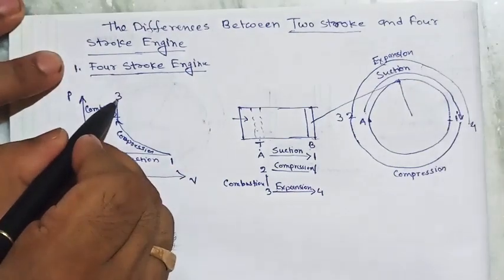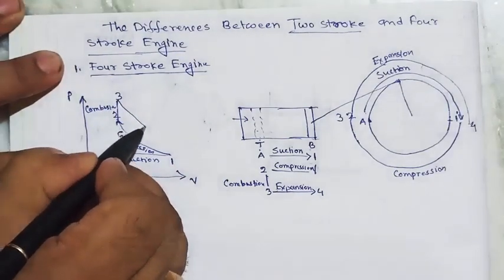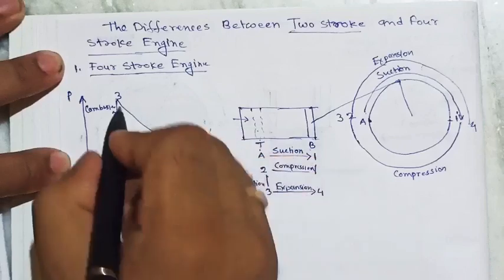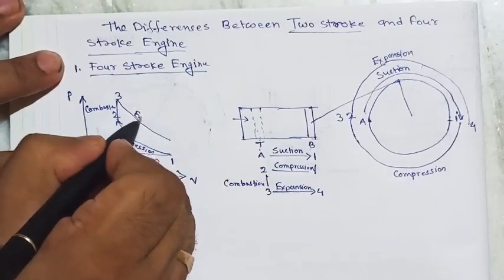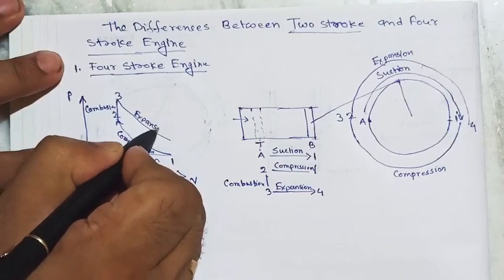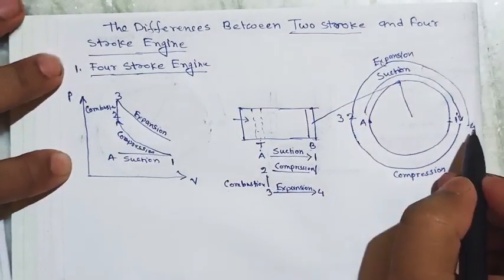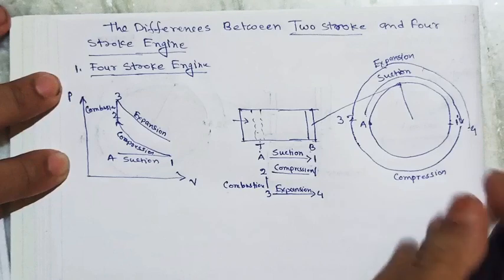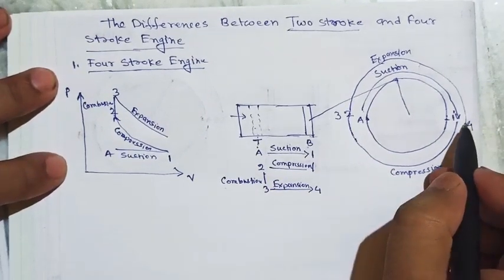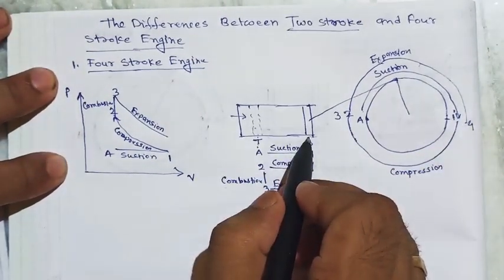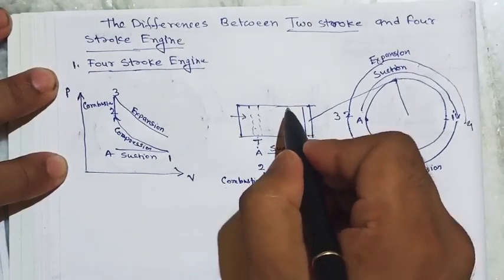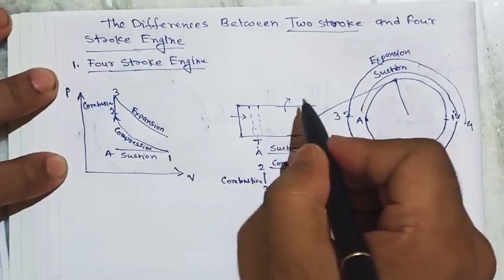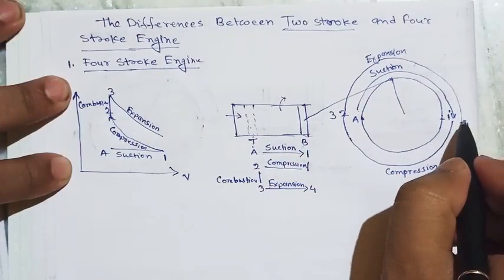In the cycle, the expansion will be like that. This is the expansion process. After the expansion process, the piston will not move, and the piston will be present at the same point B, and heat will be released through it, and the crank will be at the same point.